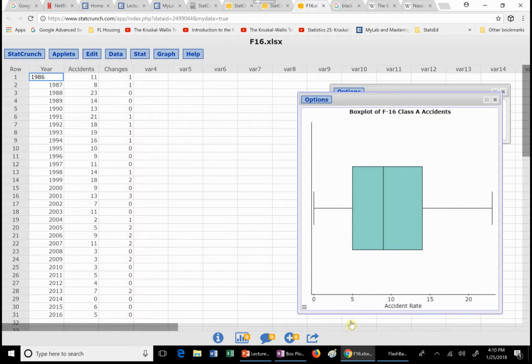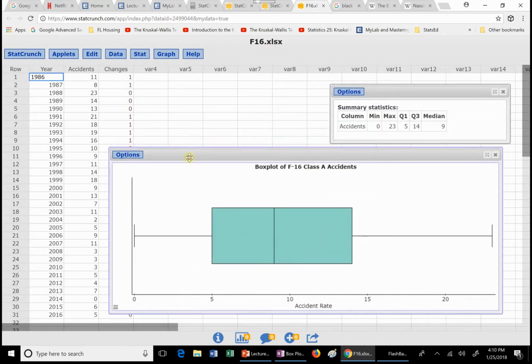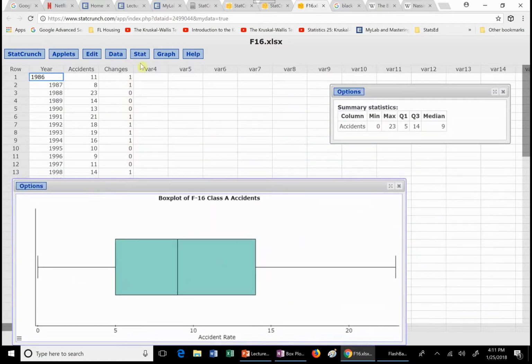Now, here's the thing to bear in mind: the box plot and the histogram, it's useful to look at them together. So let's see what information they give us. I'm going to squash this down a little bit like this, and then plot the histogram.